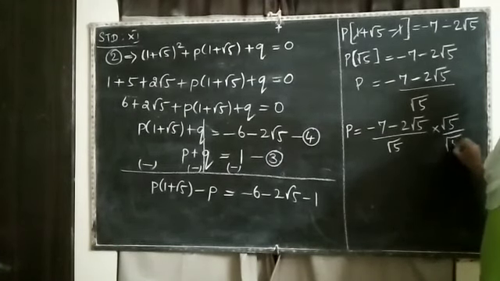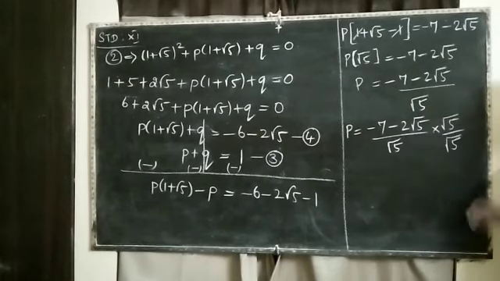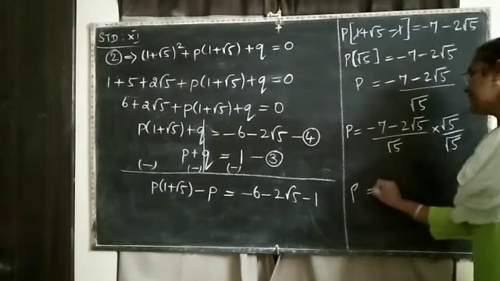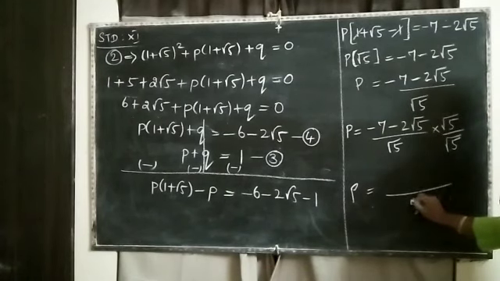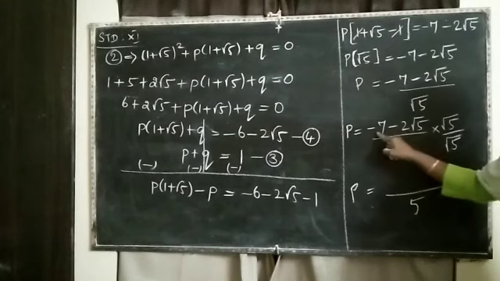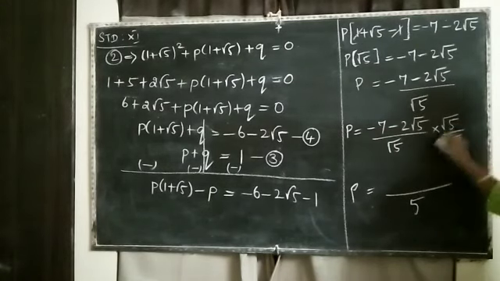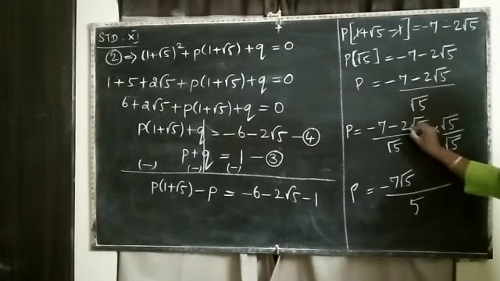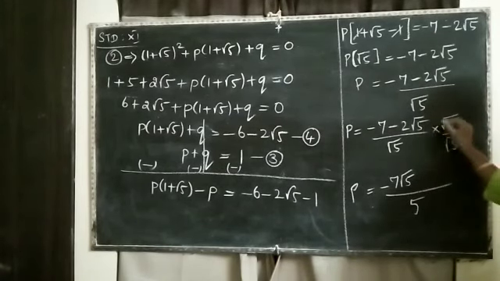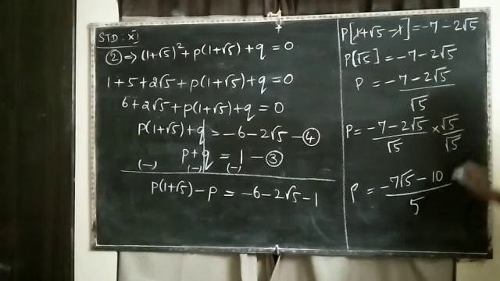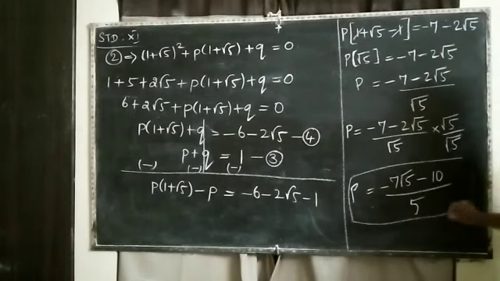Root 5 into root 5 will become just 5 alone. So p is equal to, in the denominator we will have only 5. Now you multiply this: minus 7 into root 5 will become minus 7 root 5. Minus 2 root 5 into root 5 will be minus 2 into 5, isn't it? So minus 10. Yes or no? So now this becomes the value of what?